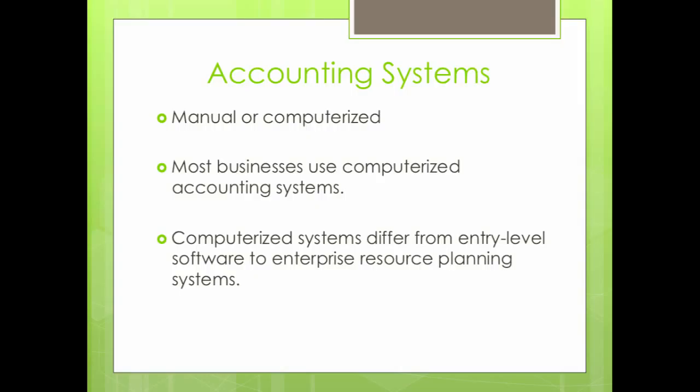And most businesses use computerized accounting systems now that the technology is evolving and it's readily available. But computerized systems differ from entry-level software to enterprise resource planning systems. So there are many choices out in the market when it comes to choosing a software package.